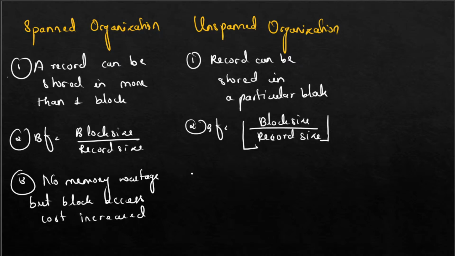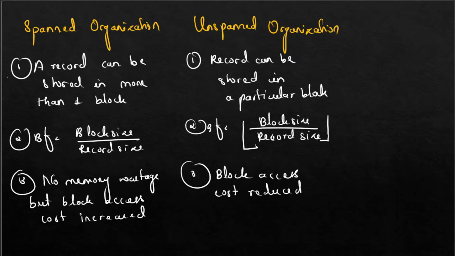Third, in unspanned, block access cost is reduced, but there is wastage of memory. All right, wastage of memory.